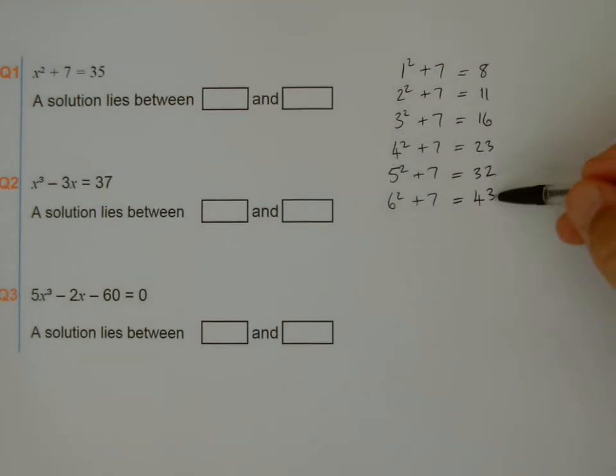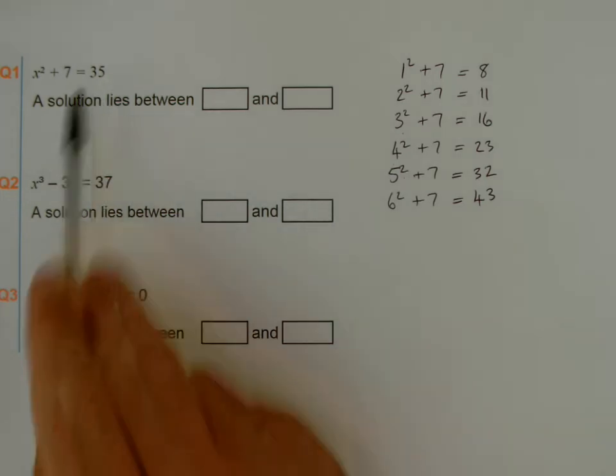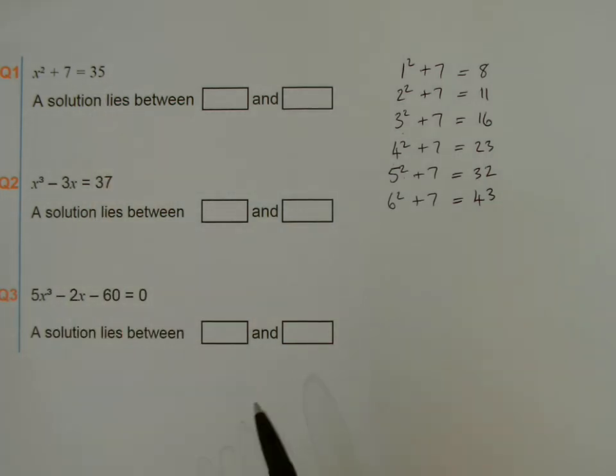So we've gone above 35. 5 squared plus 7 is 32. 6 squared plus 7 is 43. 35 is in the middle somewhere there, isn't it? So what's my x value going to be to give me 35? Well, I don't really know.